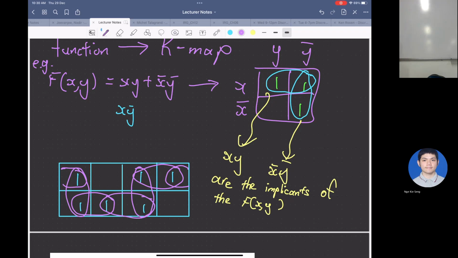That's how we call it essential. But these are all not essential, because if you lose one of them, you still have another one to cover it.